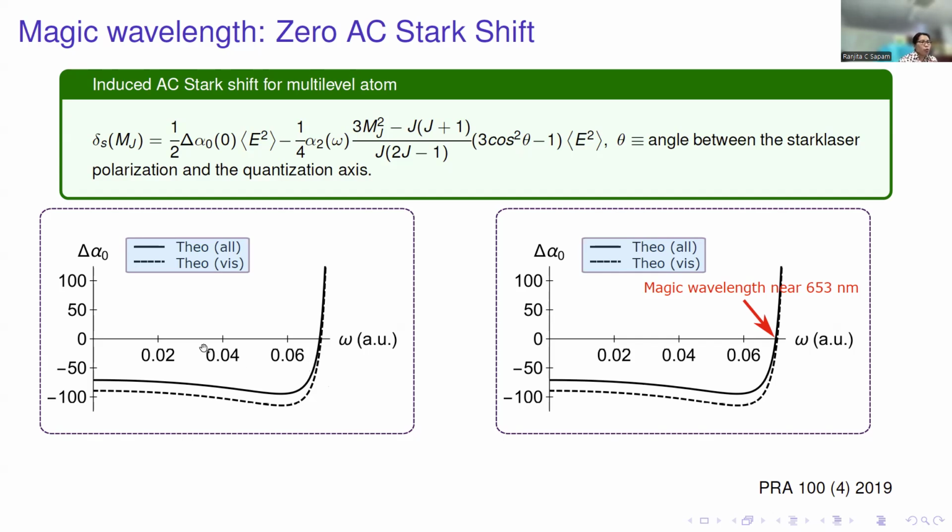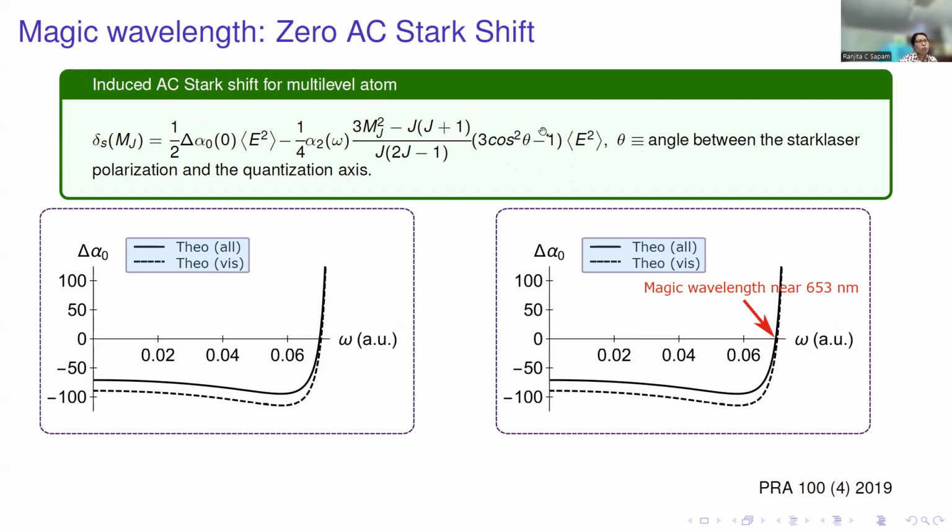So what we have to do is measure this zero crossing frequency in the atomic clock transitions. How are we going to measure it? As I told earlier, when we shine a light, the Stark shift for a multi-level system is given by this expression. The first term is the DC Stark shift, the second term is the AC Stark shift, and you will see something very interesting here.